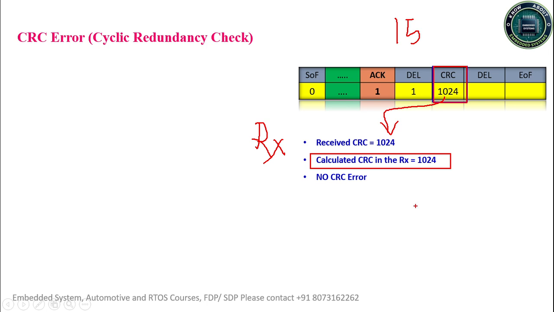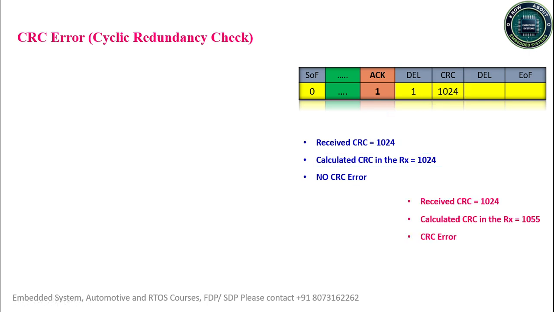So whenever both match, you can see here the received CRC is 1024 and the calculated CRC is 1024. Whenever you receive the same value on both, then there is no CRC error. Okay, and then I have one more use case here.